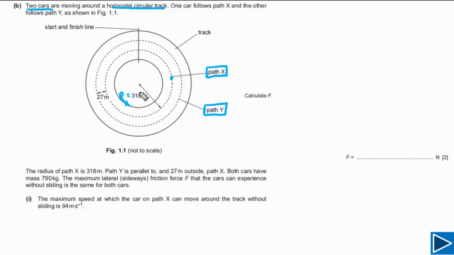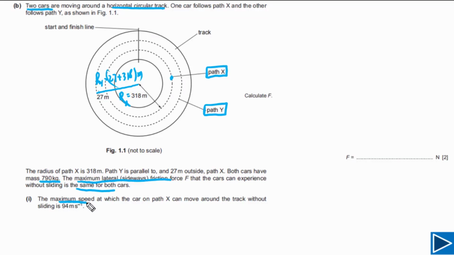The radius of circle Y we can also find out, and that will be equal to 27 plus 318 meters. It is also given that the mass of each car is 790 kilograms, meaning they have the same mass, and the maximum sideways frictional force each car experiences is also the same.